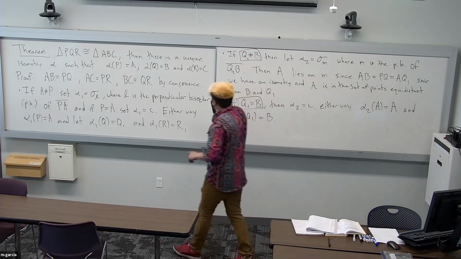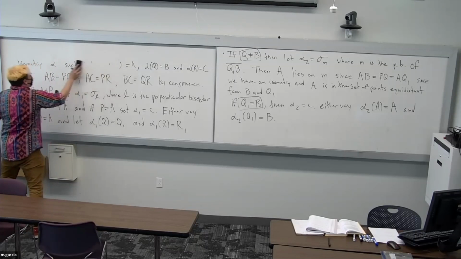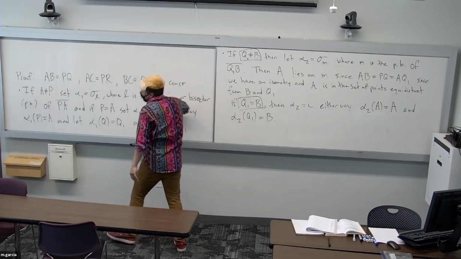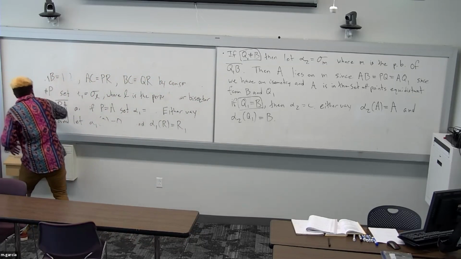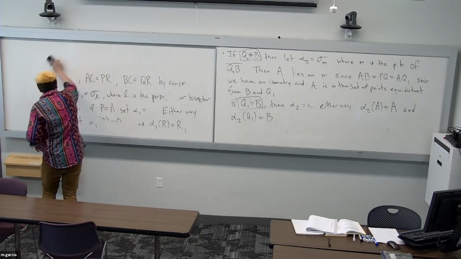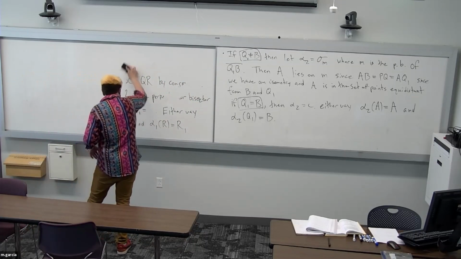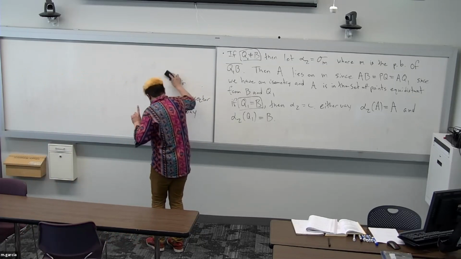So, you probably guess at least the general form of what we're going to do next. We'll have to incorporate the value of the image of R under alpha 2, and then construct an alpha 3.